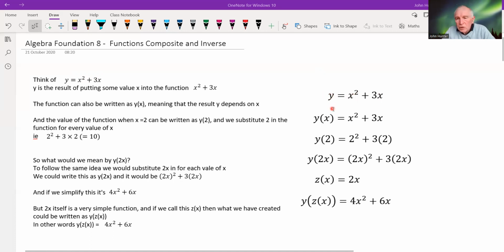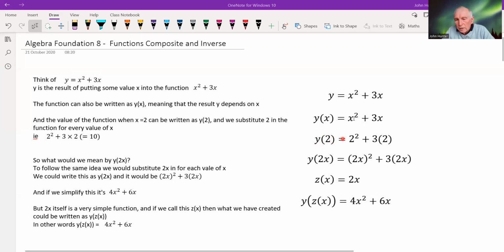Now that function can also be denoted by y of x, y brackets x, and what that leads us to is that if we want to evaluate this function at x equals 2, then this is how we would annotate it.